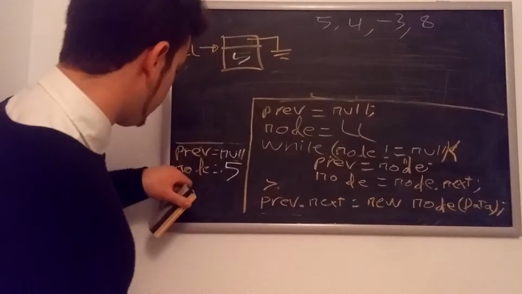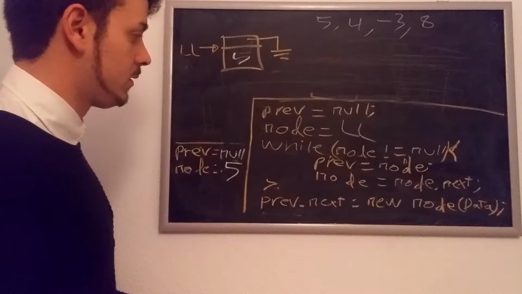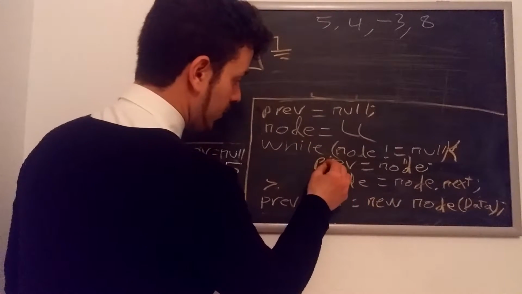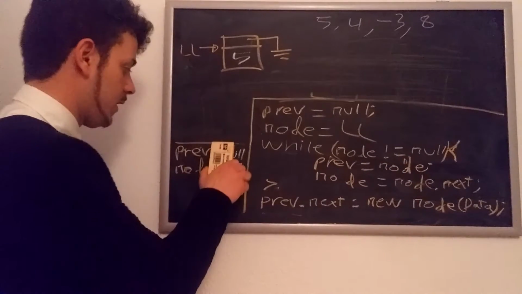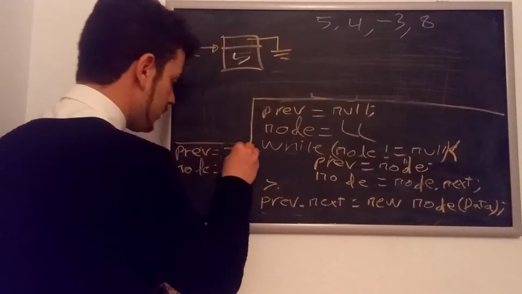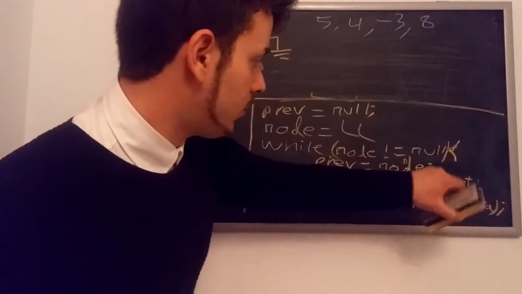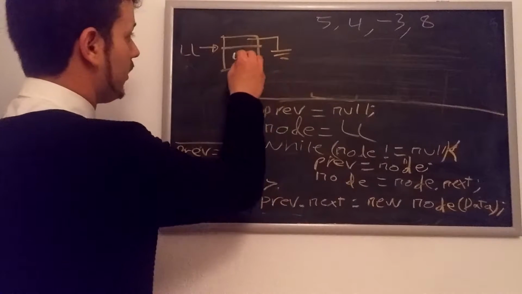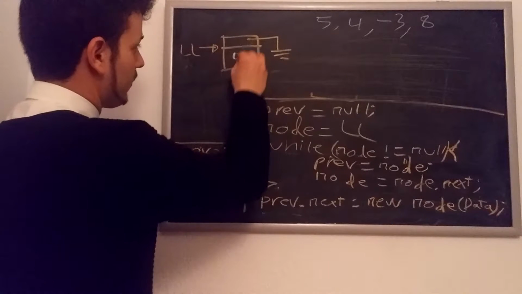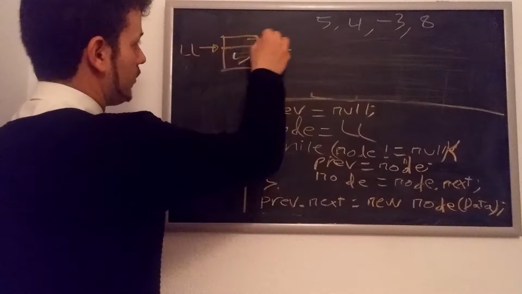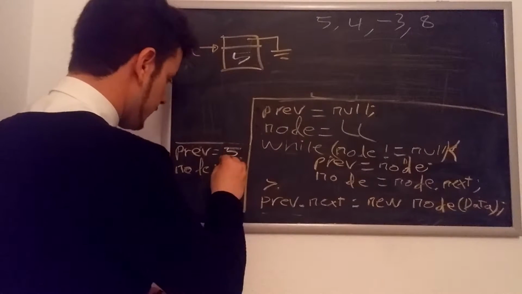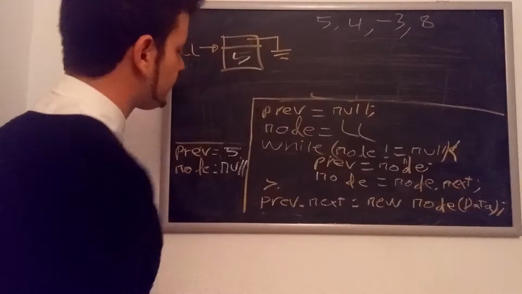Node is different from null, so we execute the code within the while loop, and the code says that now prev equals node, so I have to update the value of prev and make it equal to that of node. And node equals node's next pointer. So we look at the next pointer of our current element. Node is pointing to 5. We look at the next pointer and we store that value in node. The next pointer here is null, so this will be null.